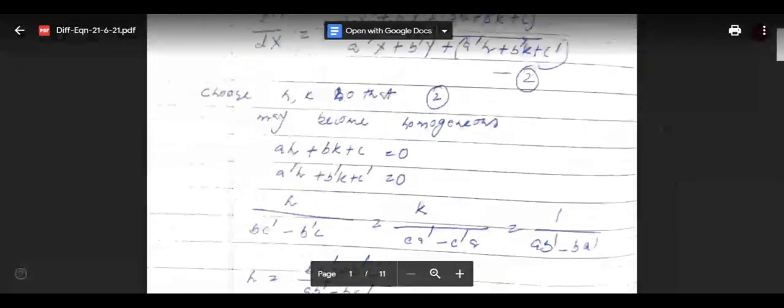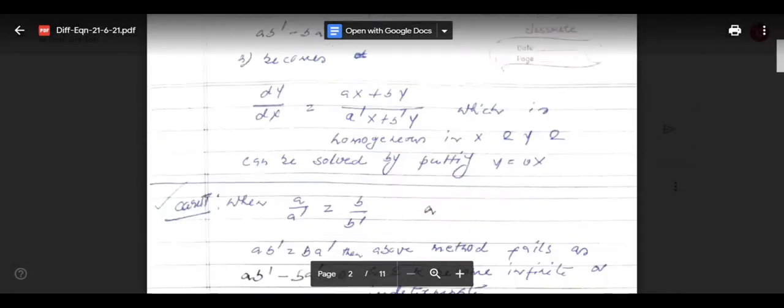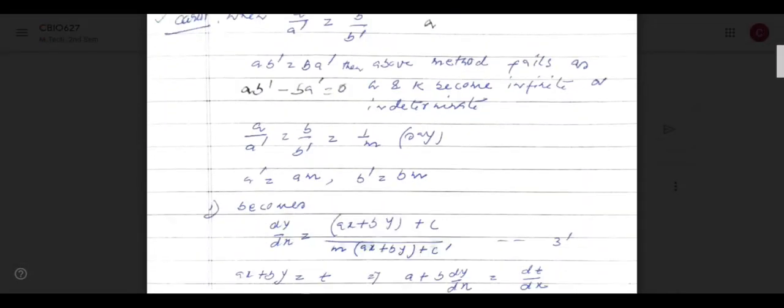Substituting a dash and b dash, you write the original equation 1 as dy by dx equals (ax plus by plus c) by m into (ax plus by) plus c dash. c and c dash are constants, and m is also a constant.